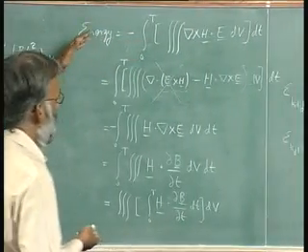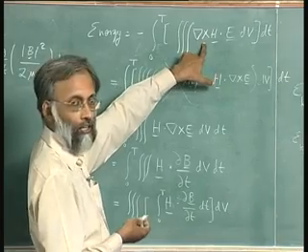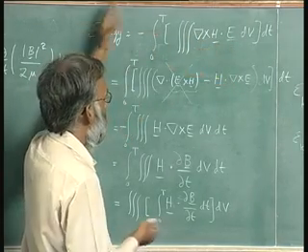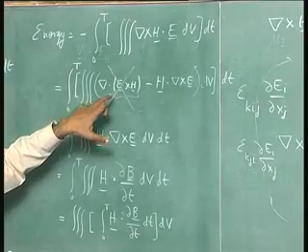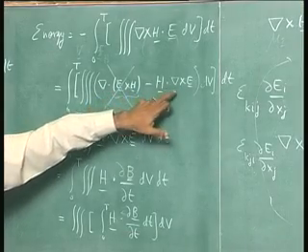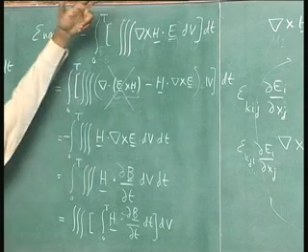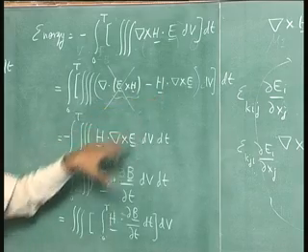We started with minus j dot E, then we converted j to curl of H. So, minus curl of H dot E. Then we did this vector identity and converted minus curl of H dot E to a Poynting vector term and minus H dot curl of E. Then we used Faraday's law, that is the induced EMF.